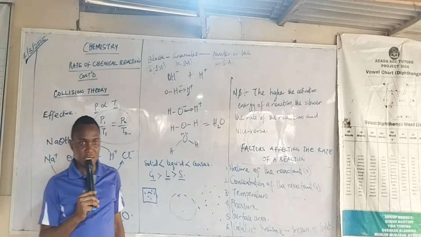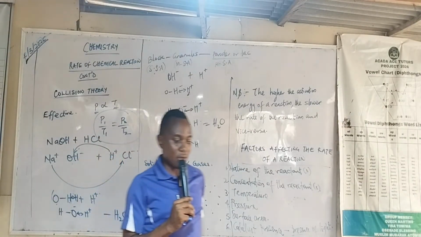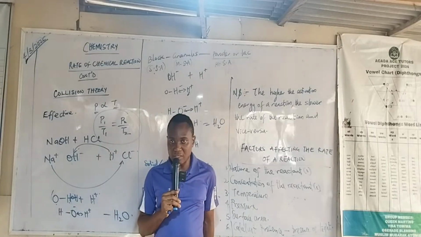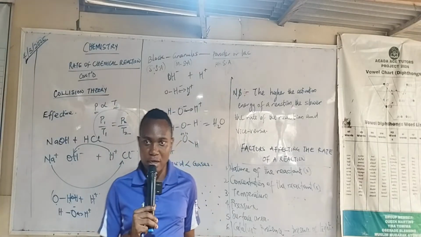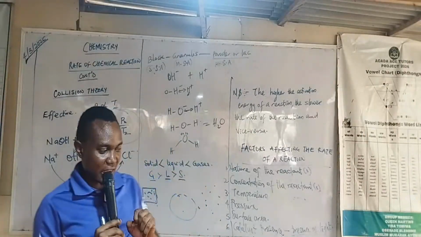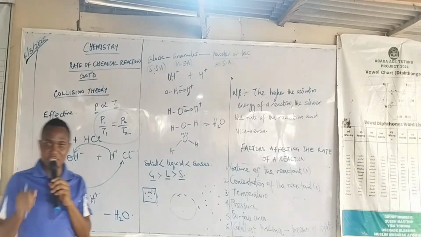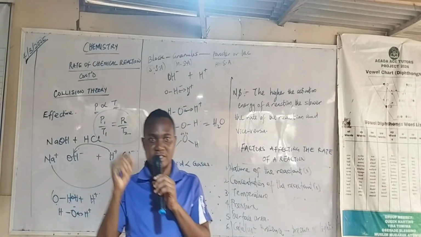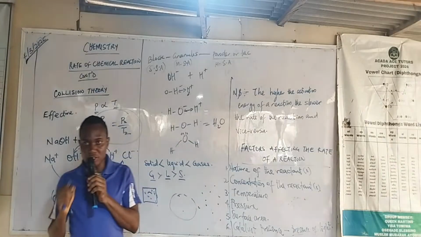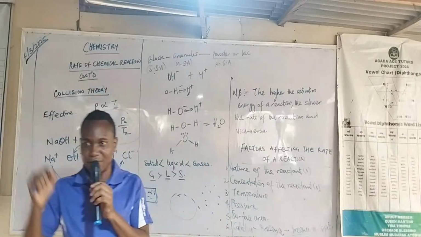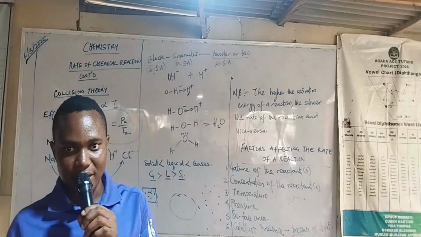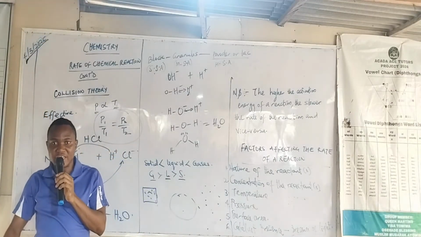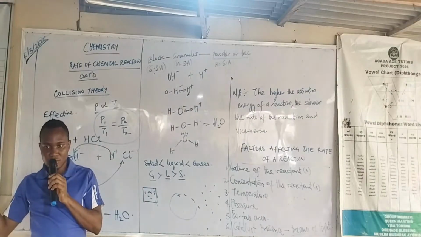A positive catalyst lowers the activation energy of the system, thereby increasing the rate of the reaction. Remember I said that the lower the activation energy, the faster the rate of reaction.